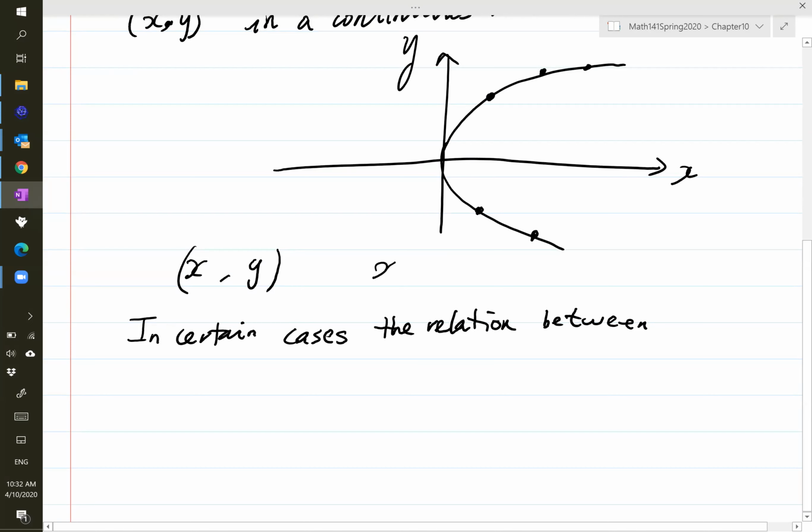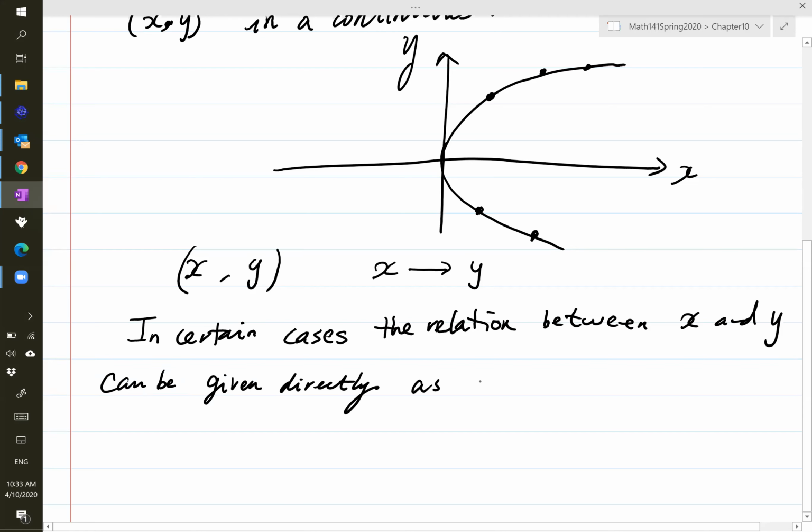A point gives you an x, and you get a y, it's a map. For instance, y equals f(x), so we get y as a function of x, or x as a function of y, x equals g(y).